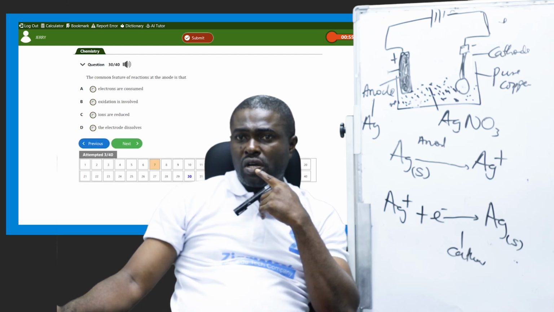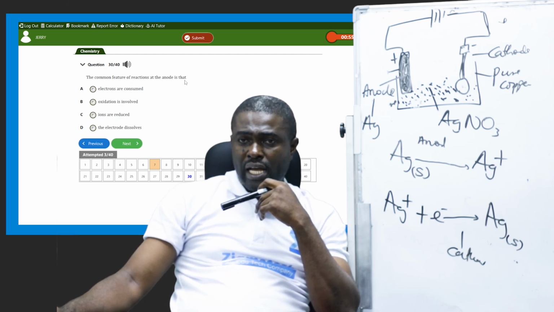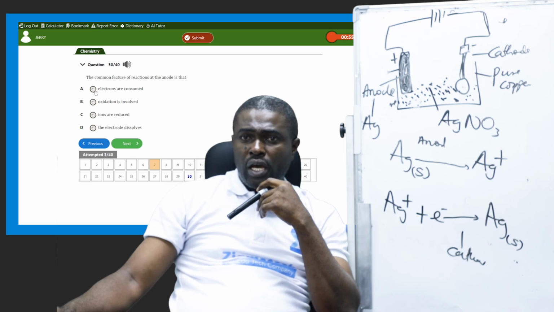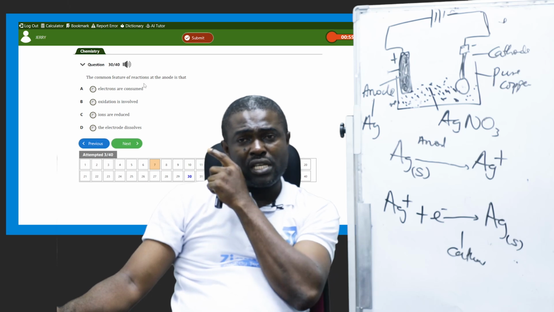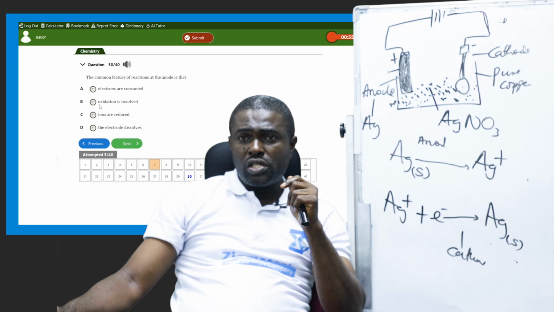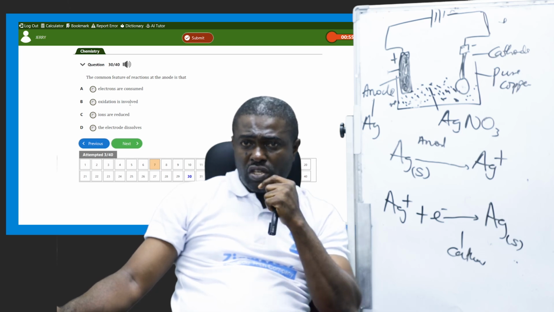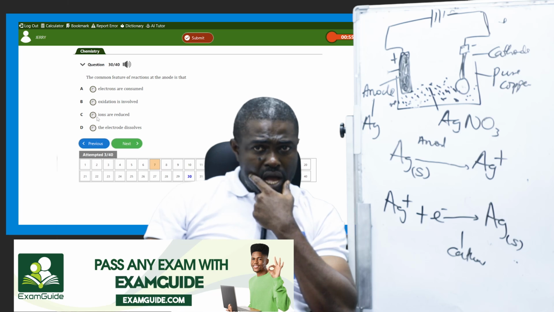Let's look at number 30. The common feature of reactions at the anode is that A, electrons are consumed. No, electrons are not coming in; rather, electrons are being removed from there. Oxidation is involved. Yes, there's an oxidation reaction. Ions are reduced.